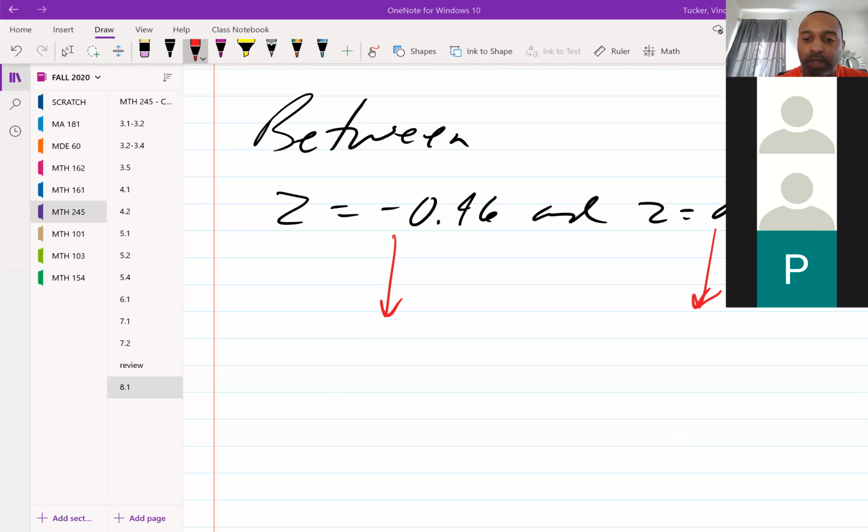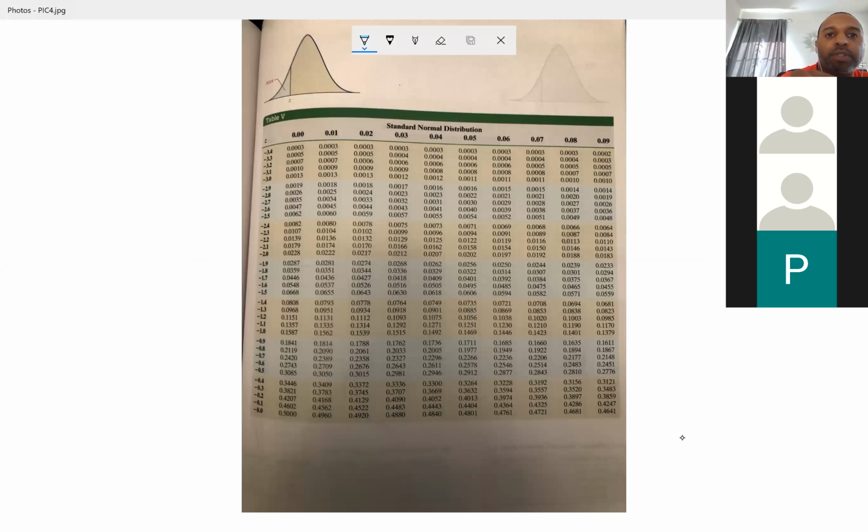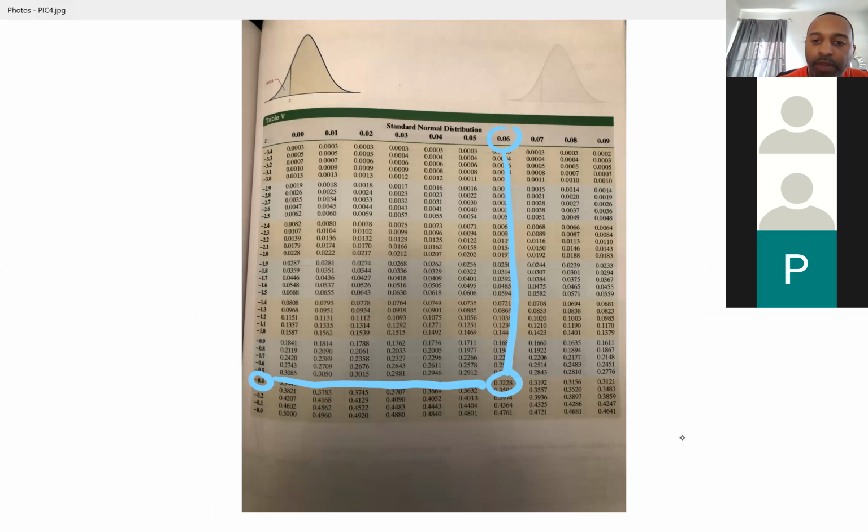I'm trying to see if I have both of my charts. Okay, and that's negative. All right, just showing you guys what I'm doing. The first was -0.46. So we have -0.4 down here and 6 right here. We just see where they meet, and it's at 0.3228.